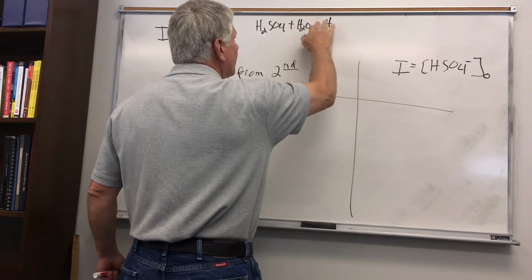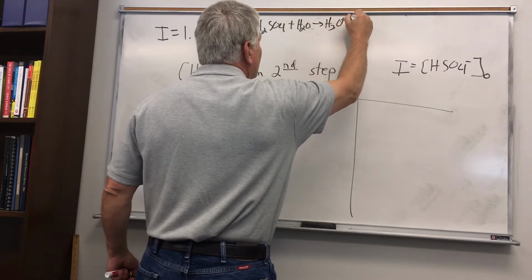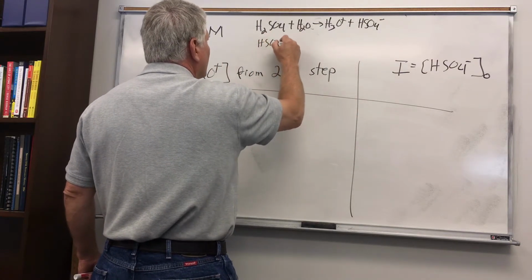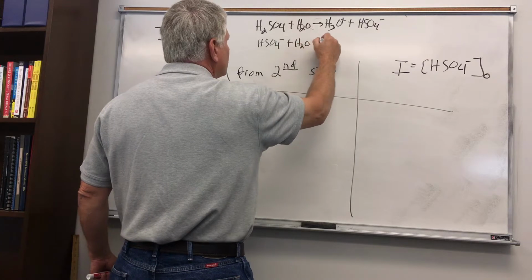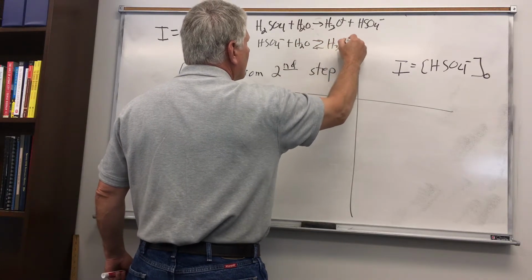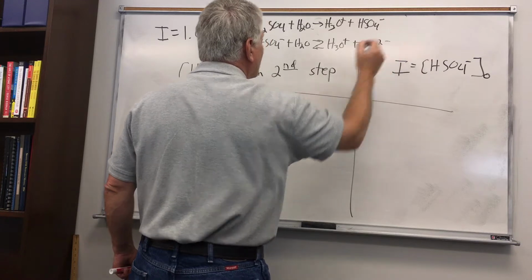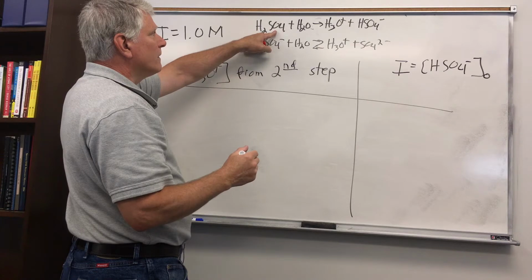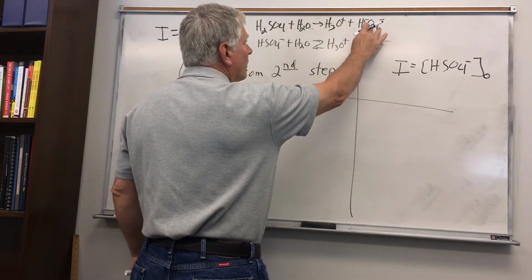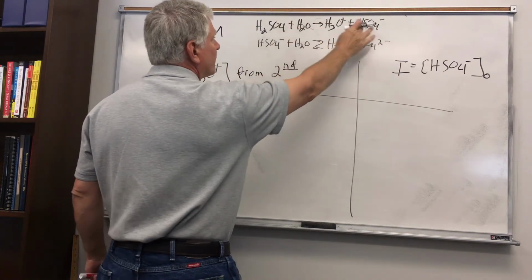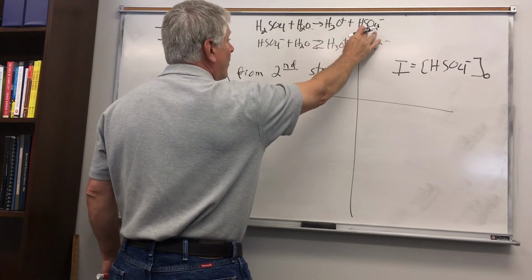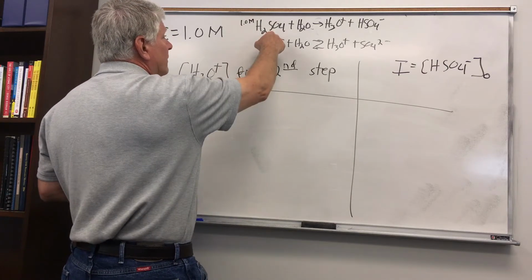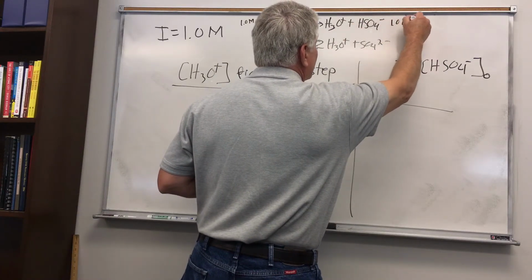There's no equilibrium for the first step. If H2SO4 is initially 1 molar, then we're going to form 1 molar HSO4- because this top reaction goes completely to products.